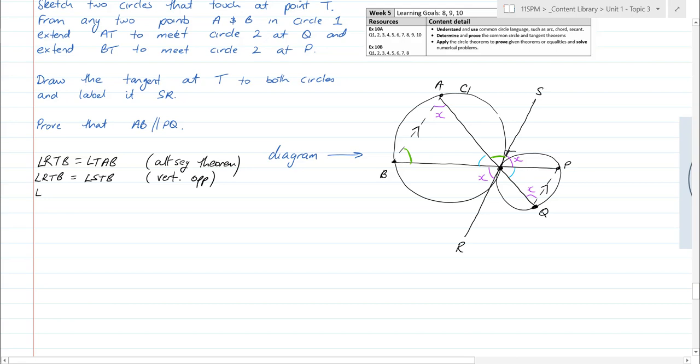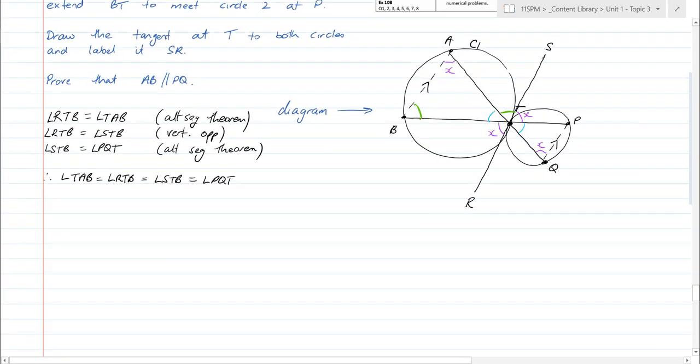And I can also say that angle STB is equal to angle PQT. This is alternate segment theorem. And therefore angle TAB equals angle RTB equals angle STB equals angle PQT.